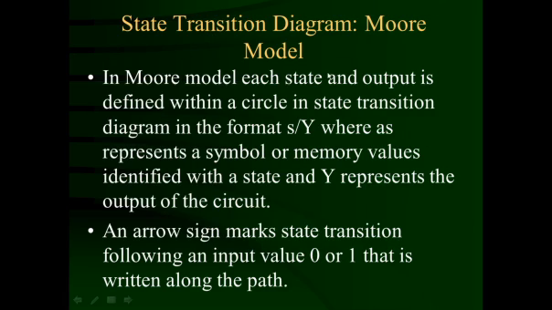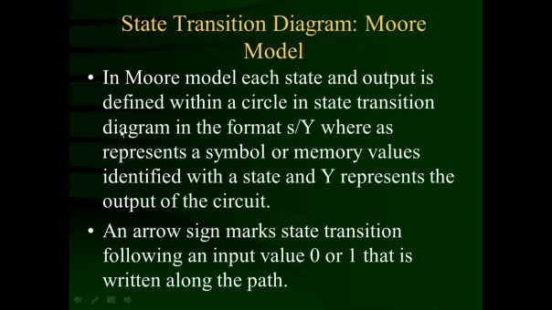So now we'll be preparing a state transition diagram related to the Moore model. In a Moore model, each state and output is defined within a circle in a state transition diagram in the format S/Y, where S represents a symbol or memory value identified with the state and Y represents the output of the circuit.